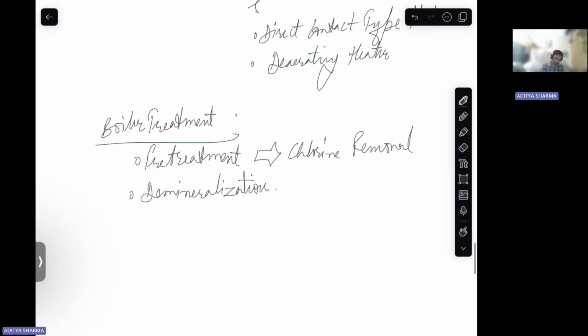Then evaporators also are used for makeup.